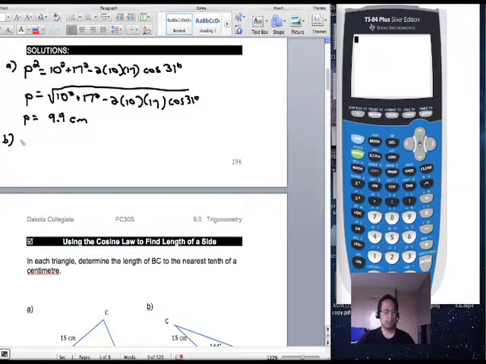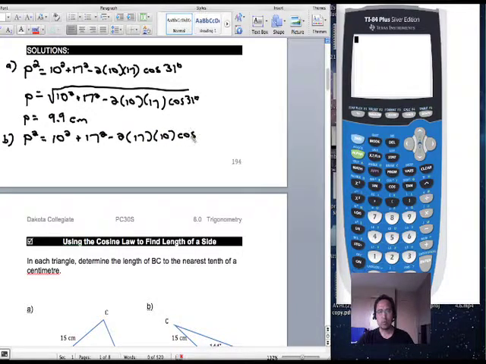Okay, the B, got the same sort of thing going here. P squared, the two sides are going to be 17 and 10. And the angle's 131. Okay, so it's going to be 10 squared plus 17 squared minus 2 times 17 times 10.